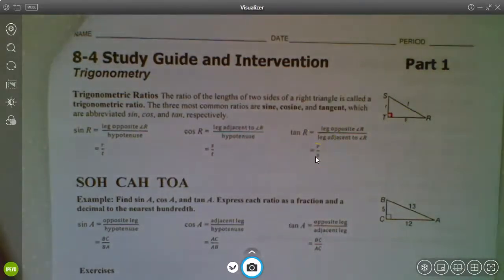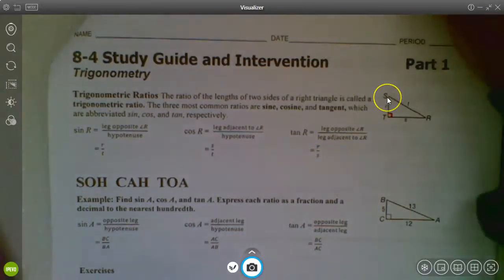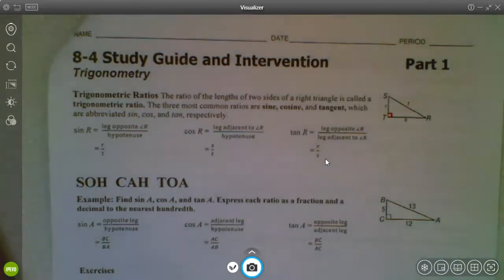So what would the tangent ratio of angle S be? Remember, opposite over adjacent, so from angle S, the opposite leg would be S and the adjacent leg would be R. It would be S over R. So if I change the angle, if this became angle S, notice that would flip this upside down. It would become S over R because I'm looking at it from a different angle.